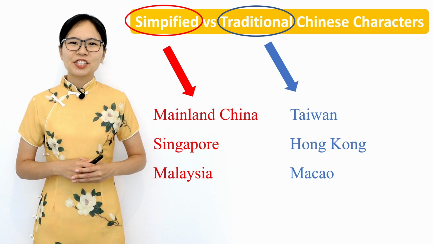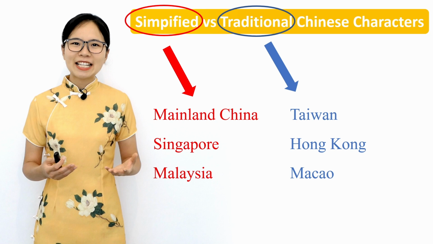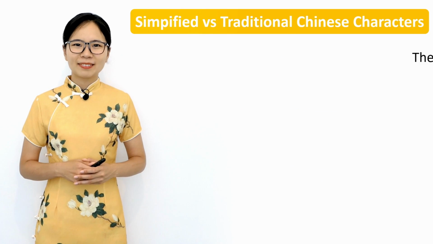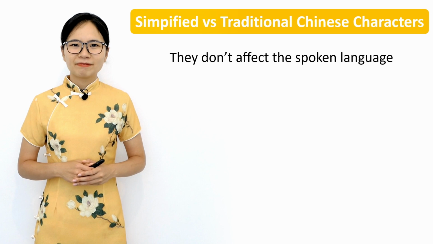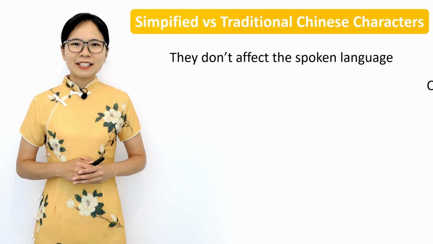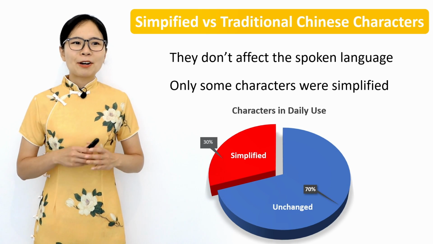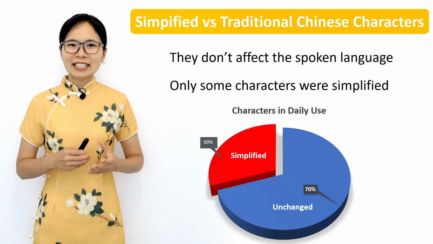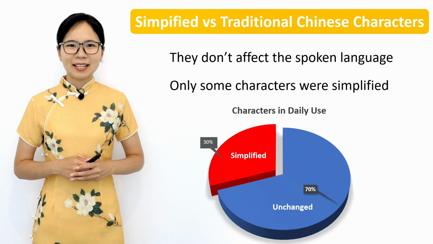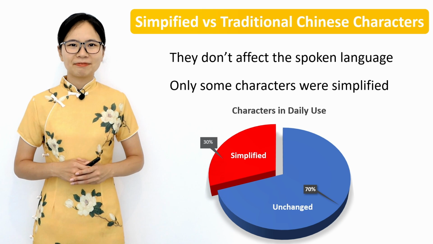Simplified Chinese characters were designed to make it easier for people to learn to read and write Chinese. However, they don't affect the spoken language. Also, as I mentioned, only some characters were simplified. Around 30% of the most common characters used in daily life are simplified, and the rest remain the same as traditional characters.